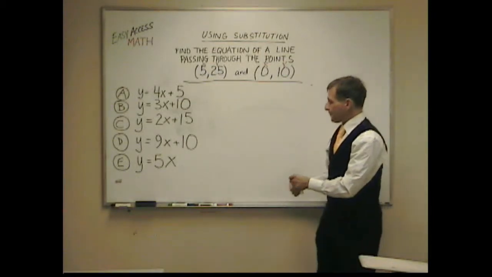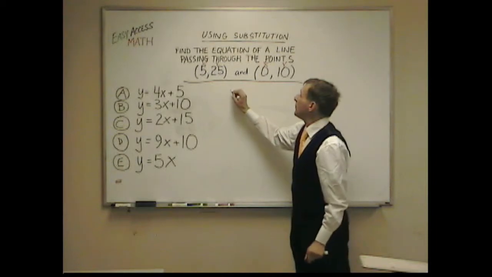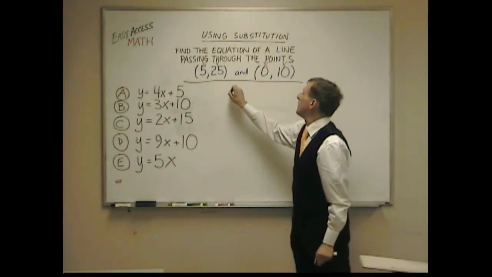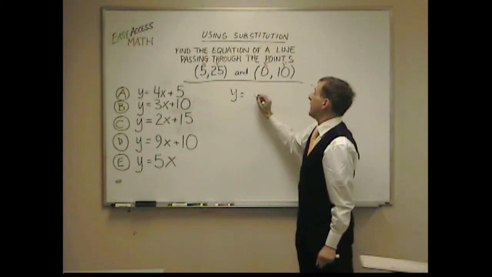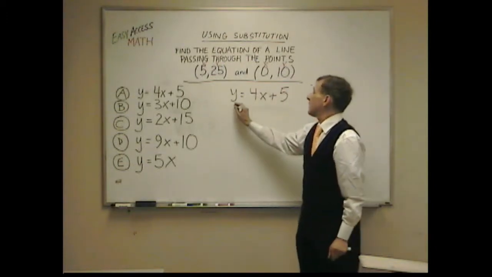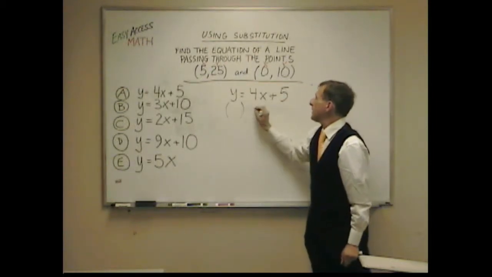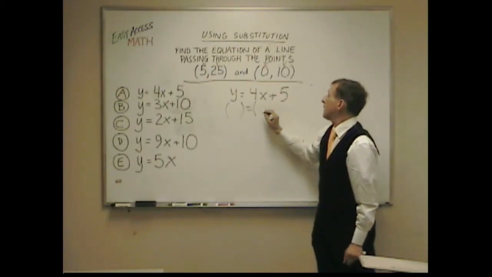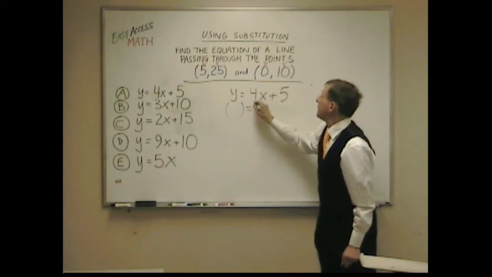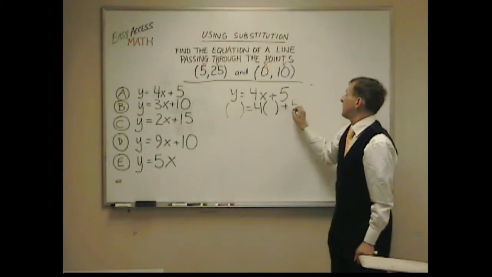Let's look at A. For A, I have y equals 4x plus 5. Now I'm going to substitute the y. I'll start with that point, and I'll substitute the x as well with the actual numbers in the coordinates.